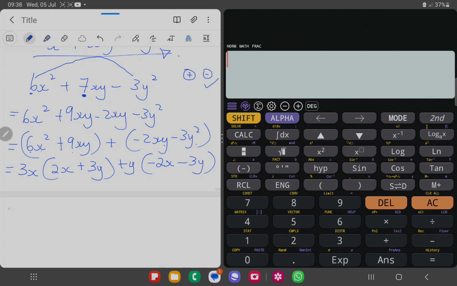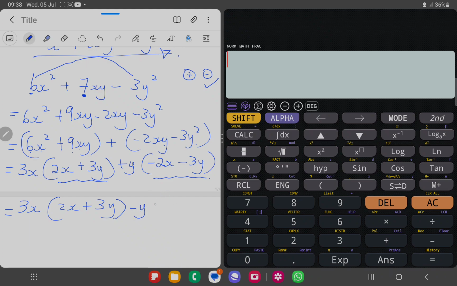The first bracket is a guideline of what must happen with the second bracket. So we've got minus 2x minus 3y. We must rewrite this bracket the same way as the first bracket. The first bracket is 3x into 2x plus 3y. So if we want to change what is inside here, we must change what is outside. If what is outside is a positive y, when we change it, it's going to be a negative y.